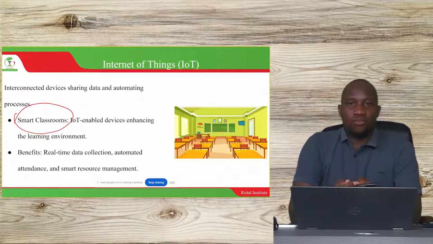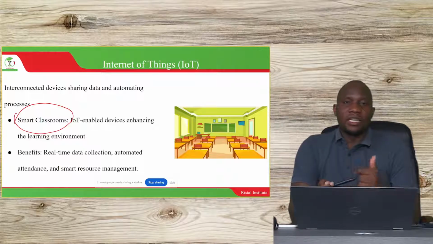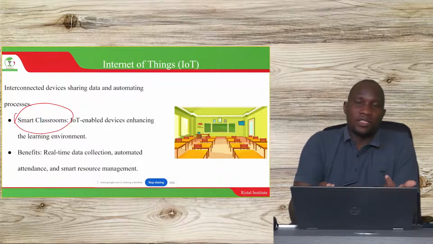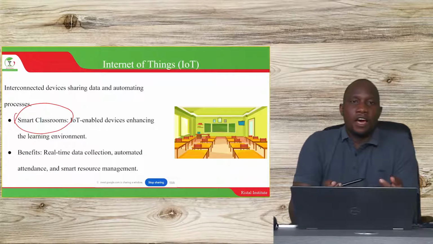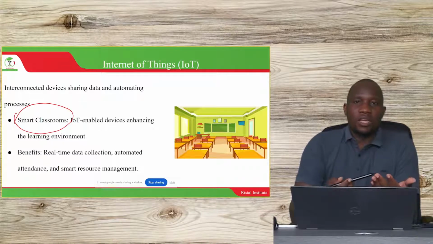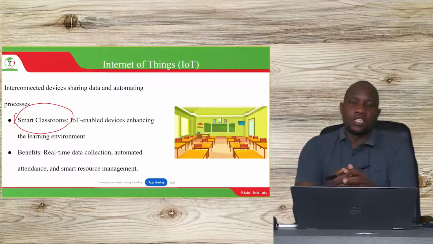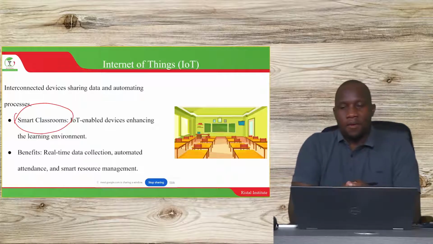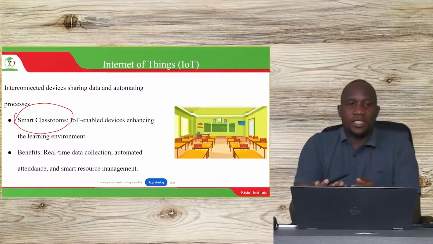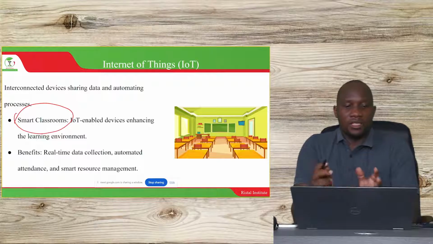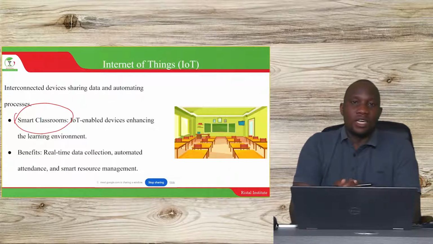In the classroom you can have a smart board linked to tablets that students are using, and all these tablets are also connected to, for example, an administrative system. So the laptops, the phones, the smart board, everything is basically interconnected.